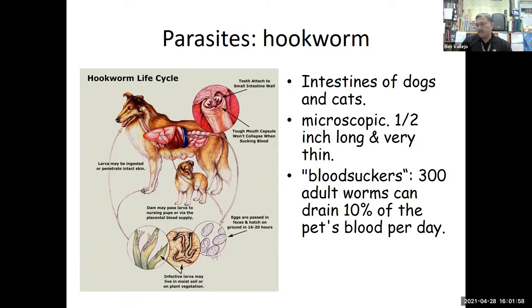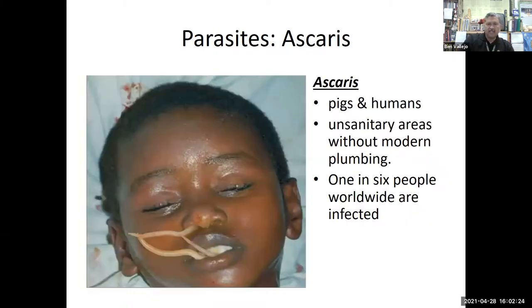And remember, these are microscopic. The adult ones are larger, obviously, but even half an inch is only this big. So these are really small worms. This is why you need to give a dewormer to your puppy when you first bring your puppy home, and then they can get rid of all these hookworms through the waste products.